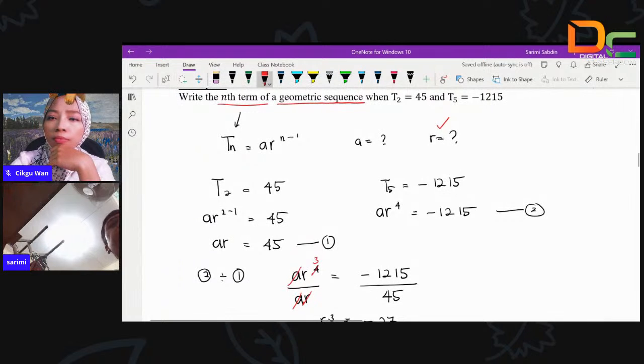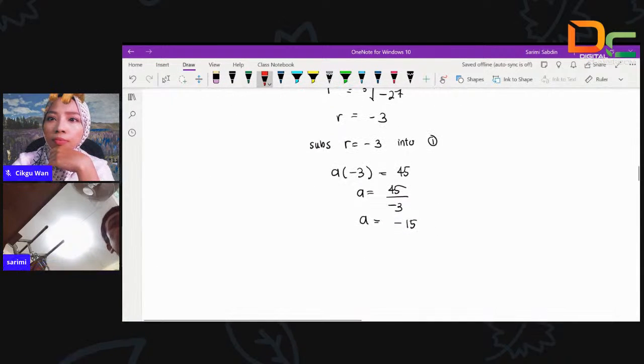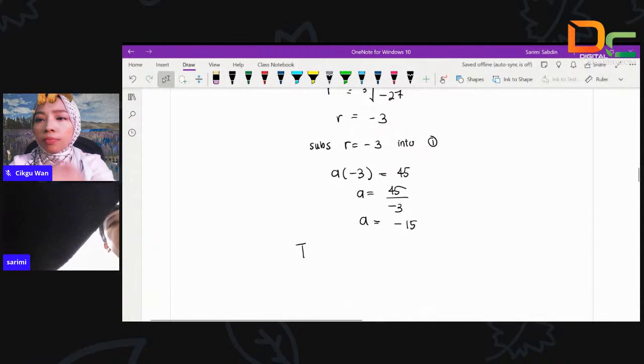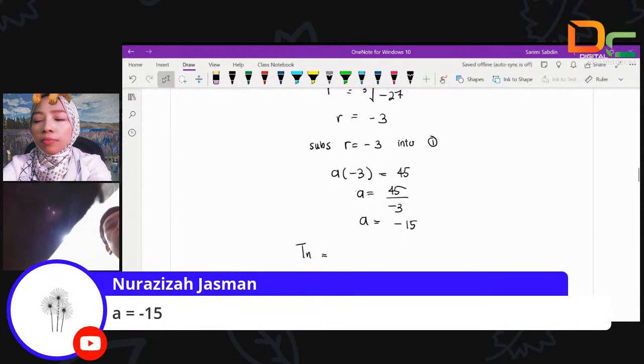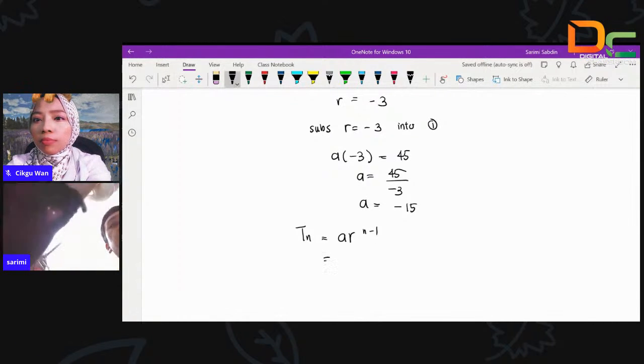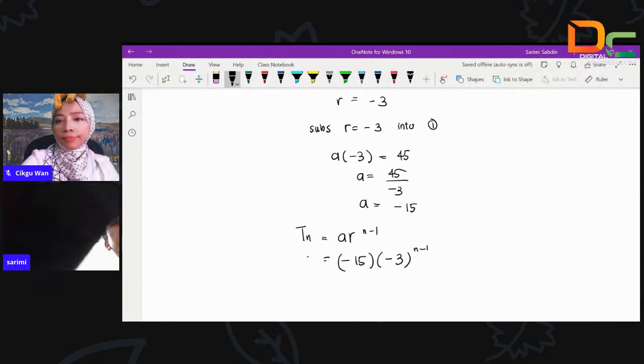So we have A and we have R, it's complete. Now we can substitute the values of A and R into the formula Tn. Tn equals A R to the power of n minus 1, so A is negative 15 and R is negative 3 to the power of n minus 1.